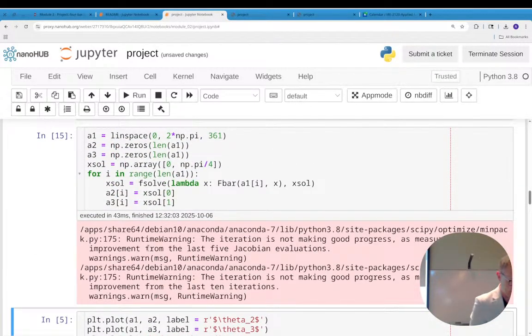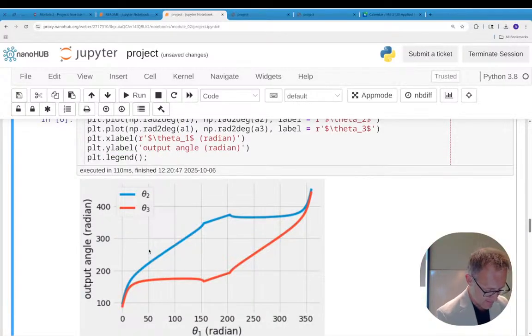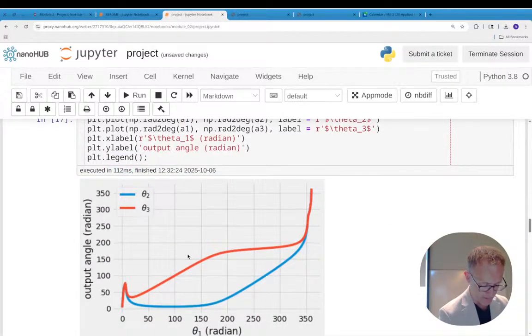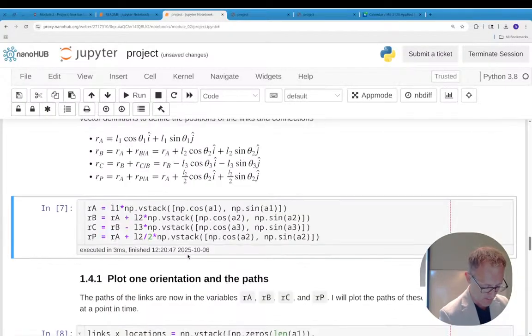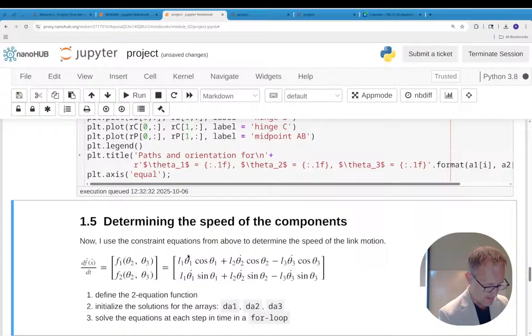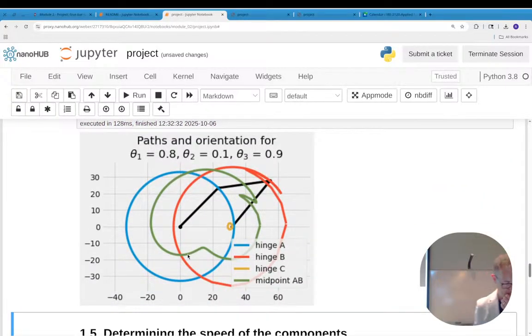All right, so same thing that happened on Friday, we got a big pink warning. Again, it's a warning. It does mean that it gave us answers, but probably the answers are not what you wanted. And if I look at what the motion is, something's a little weird. And then look at the paths. It's kind of like things are breaking.